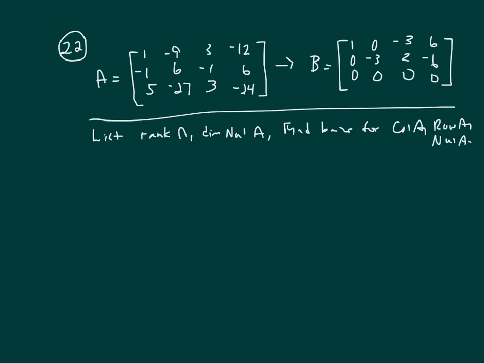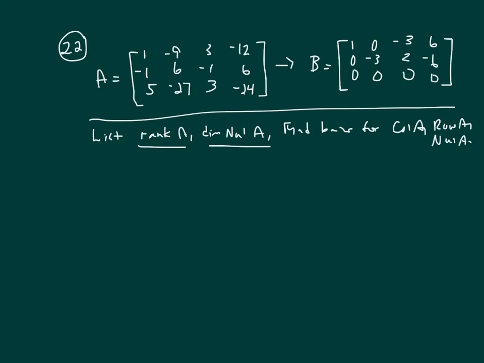Okay, we talked earlier about the rank, which is the dimension of the column space versus the dimension of the null space. The rank of a matrix is the number of linearly independent columns that we have.